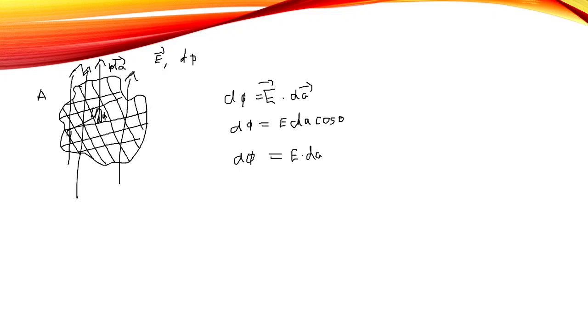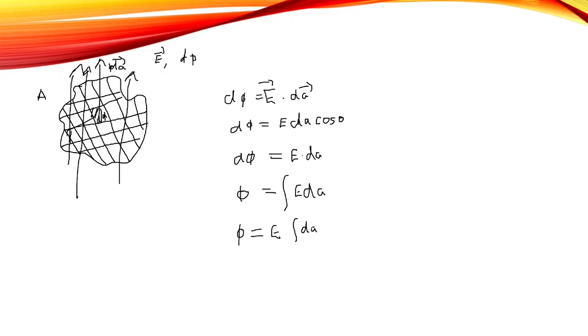So to find the total electric flux passing through this whole body, we need to integrate it. So when we integrate, we get integral of E dA. Since the electric field is uniform, that means the electric field intensity is equal throughout this area. That means this E is constant, so we can take it out. So electric flux is equal to E integral of dA.